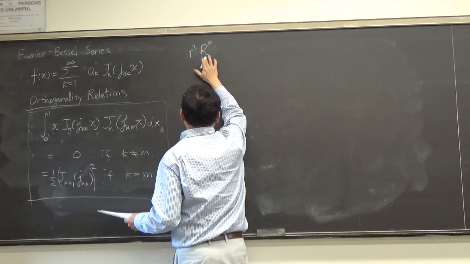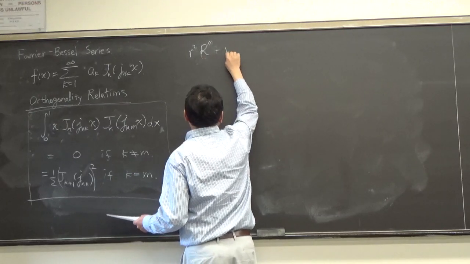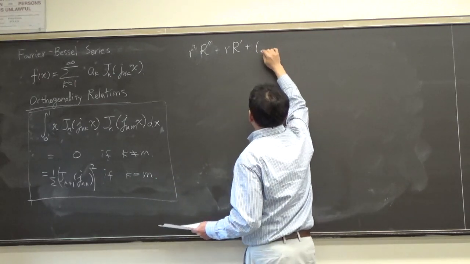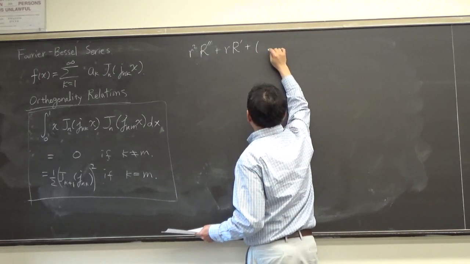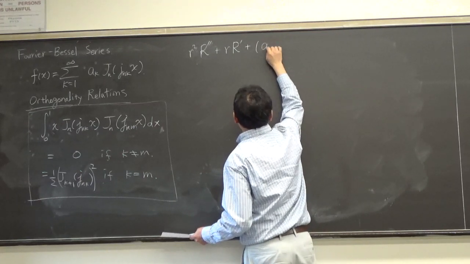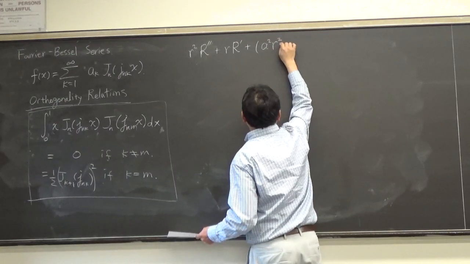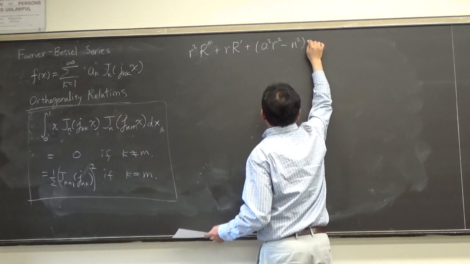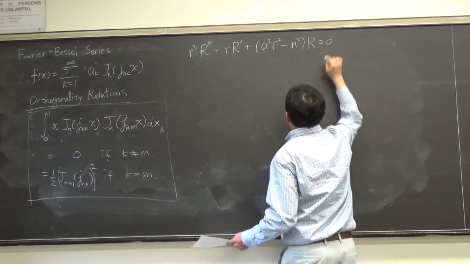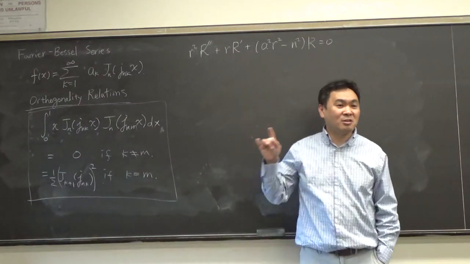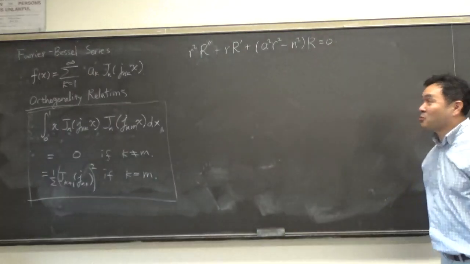So r squared R double prime plus r R prime plus, we had mu there, but let's just put a squared r squared minus n squared, times R, equals 0. So this is something that we obtained while solving the wave equation with separation of variables. You can find it in your notes a few pages before. Okay, so we had that before.